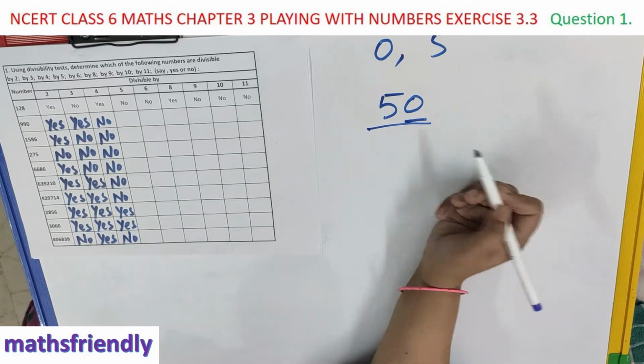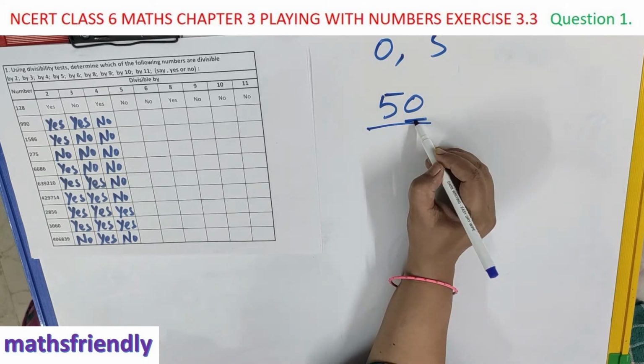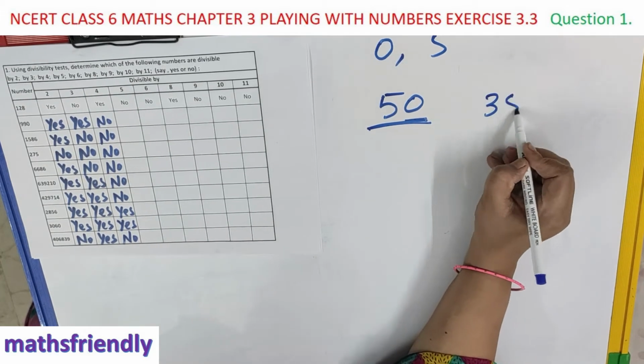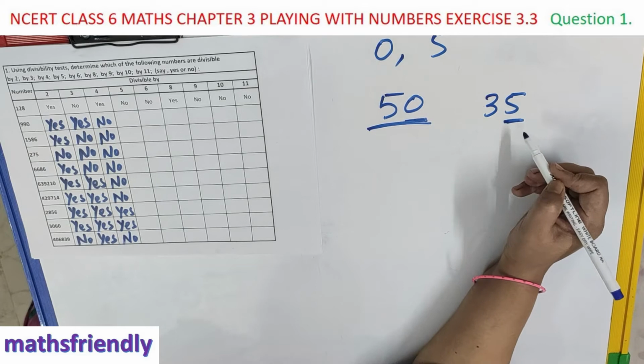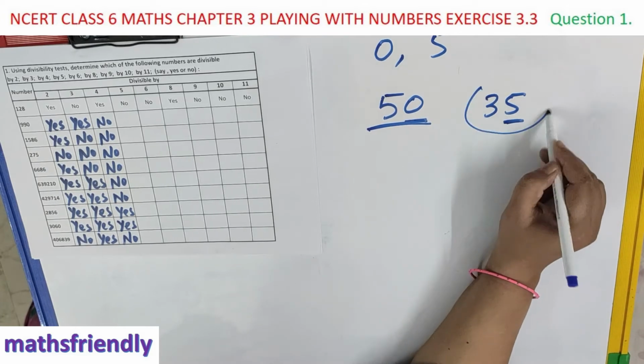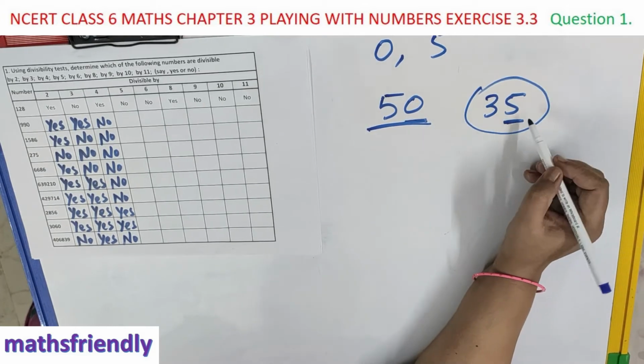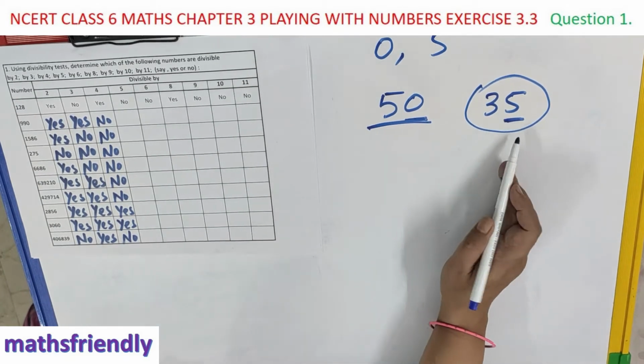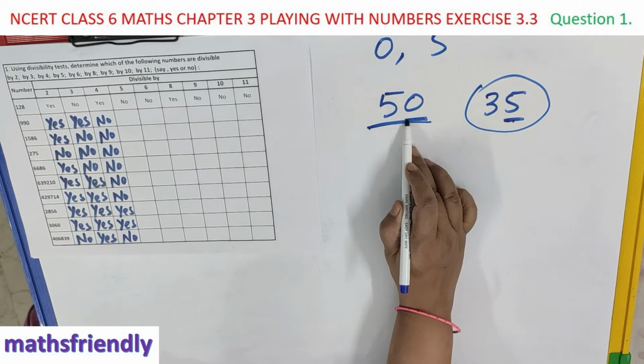We know that 50 is divisible by 5. If the number has 5 in its units place, then also the number is divisible by 5. So to check the divisibility rule for 5, we have to see only the units place.